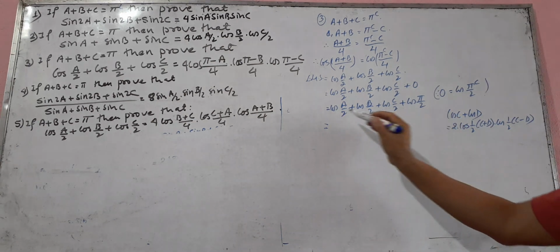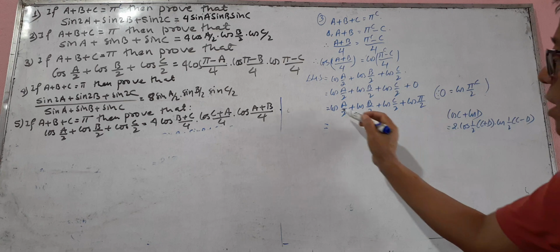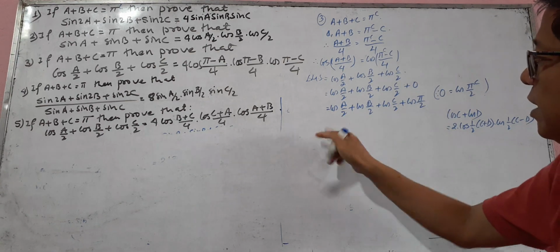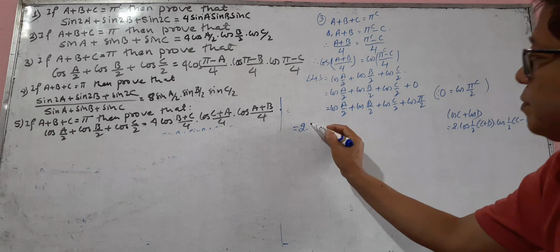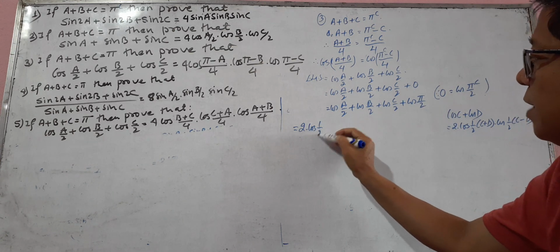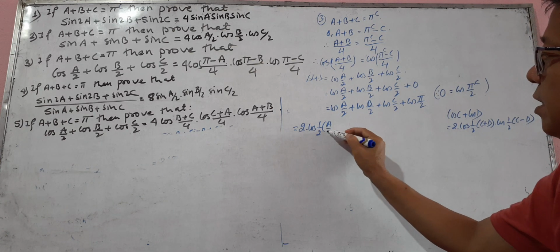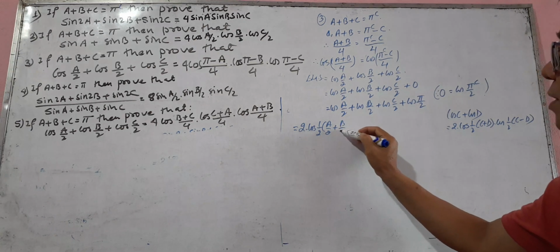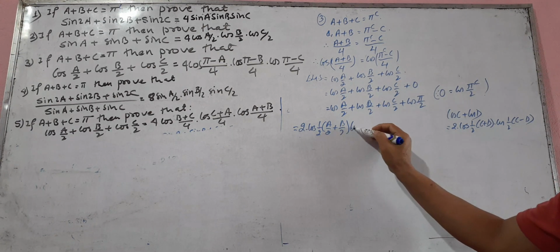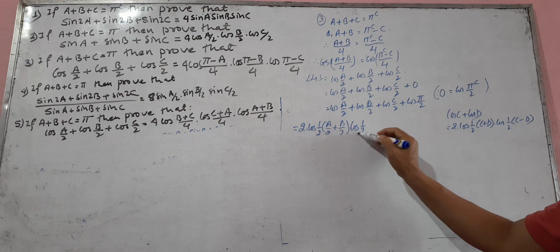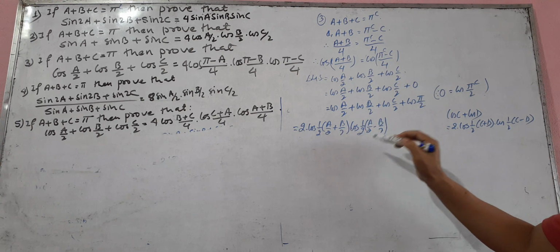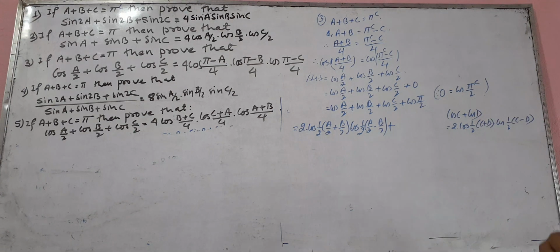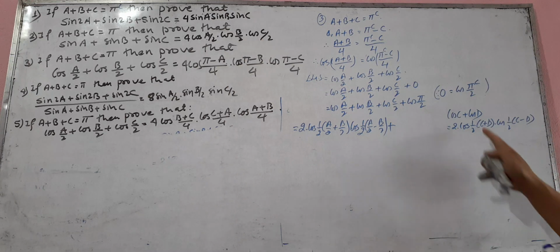So by taking that formula to this form, we get 2 cos 1 by 2 (C plus D), that is a by 2 plus b by 2, times cos 1 by 2 times a by 2 minus b by 2. Similarly, for the last two terms we use the same formula.